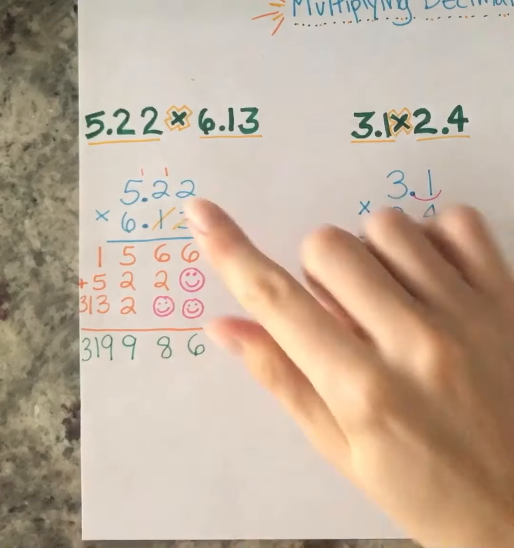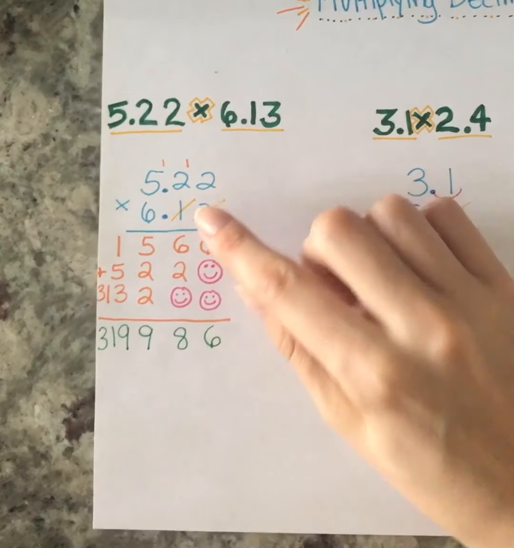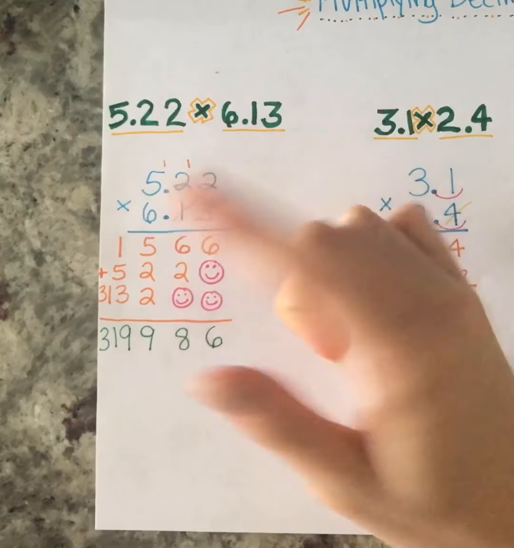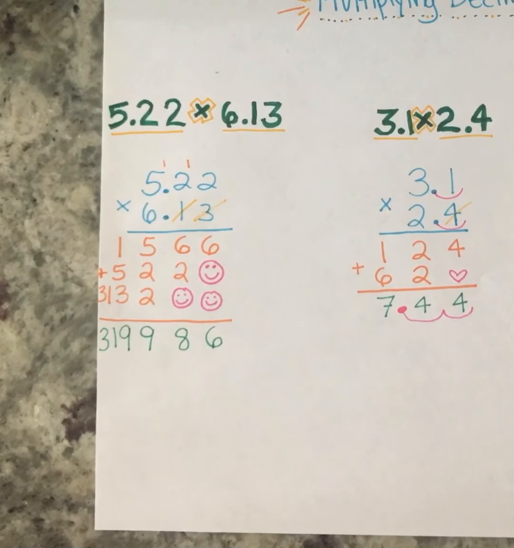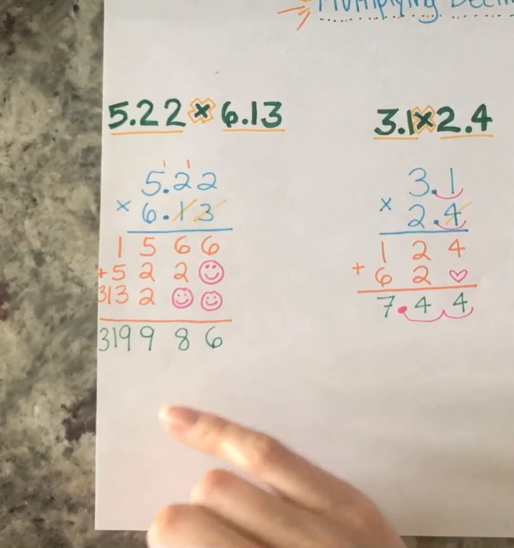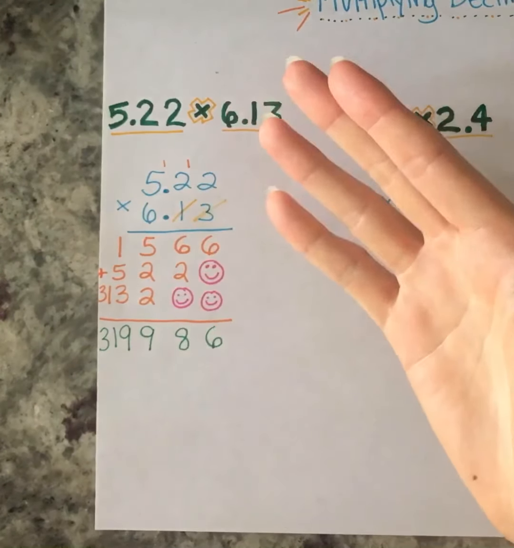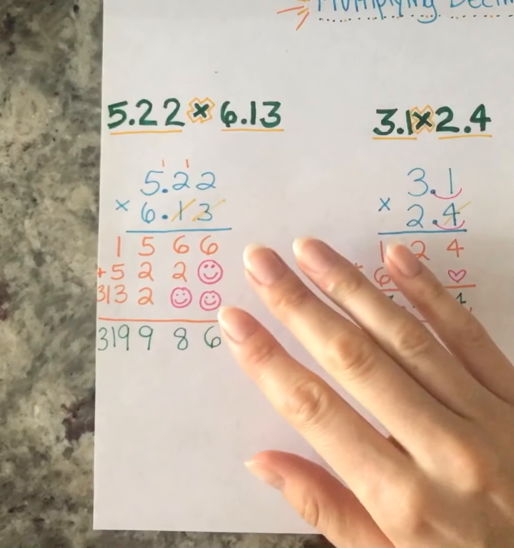Okay, when we look back at our original problem, we could estimate using 5 and 6. 5 times 6 is going to be 30. So we know our answer will likely not be 319,986. It should be something close to 30 because that is an estimate that makes sense.